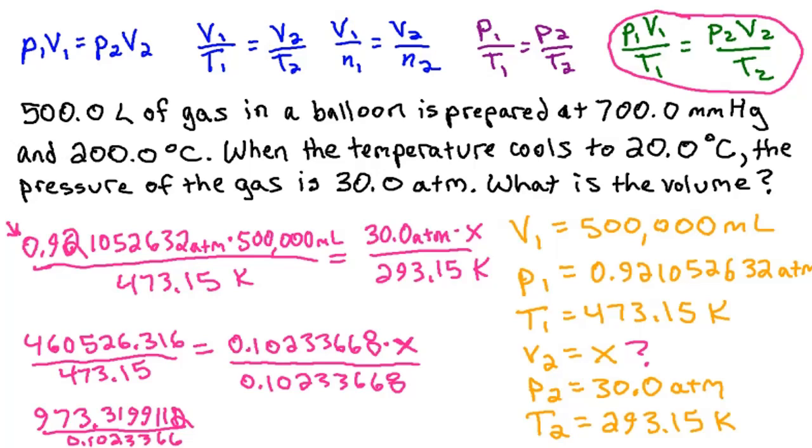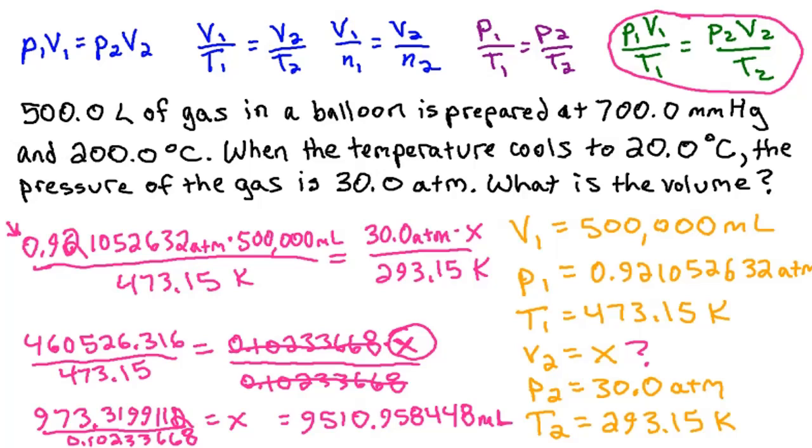So if we divide both sides by that number, that's going to give us X because these will cancel each other out, leaving X by itself. So 973.3199112 divided by 0.102336668 is going to equal 9510.958448, and that's in milliliters, our volume.